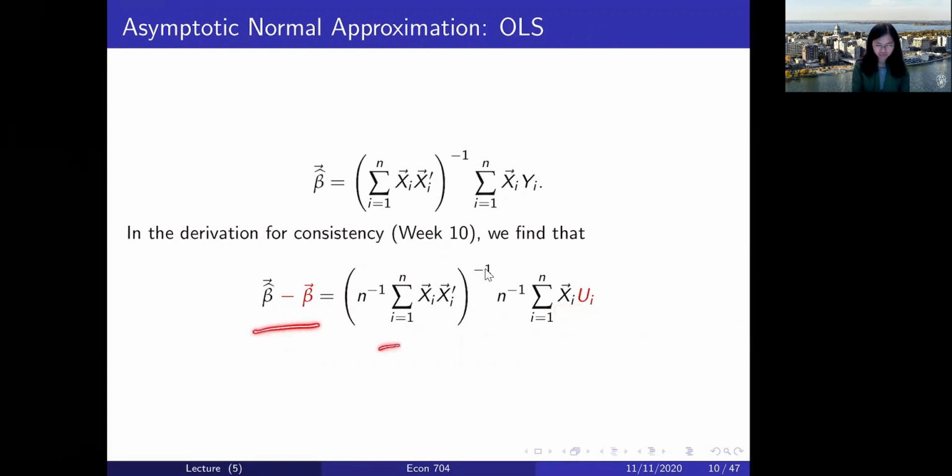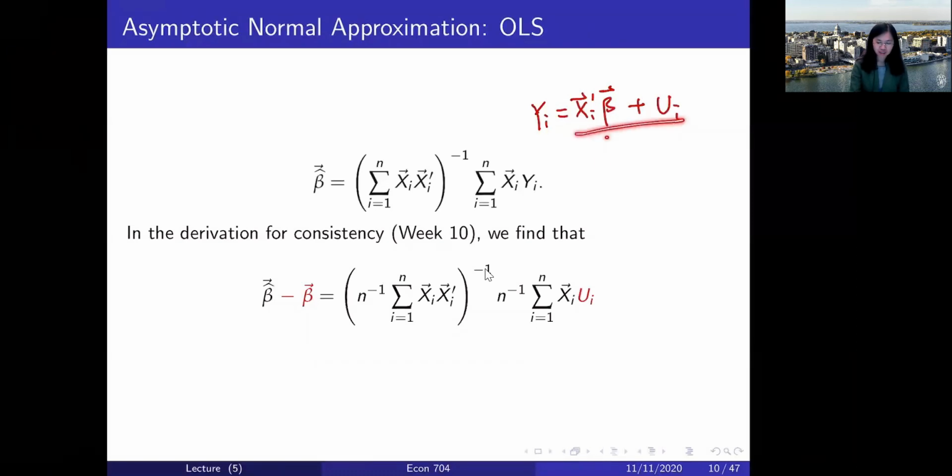So remember how we derived this? I'm not going to go through that again. The way that we derived this is to realize that y_i equals x_i prime beta, not beta hat, but beta vector, plus u_i.